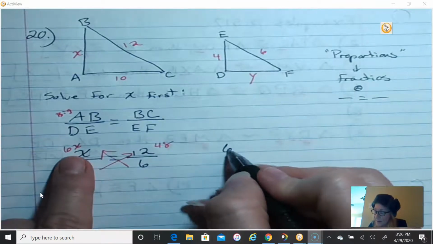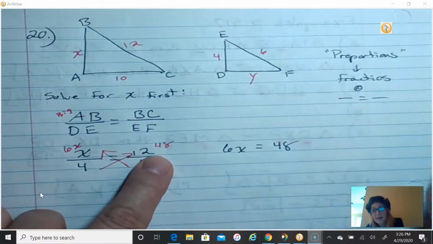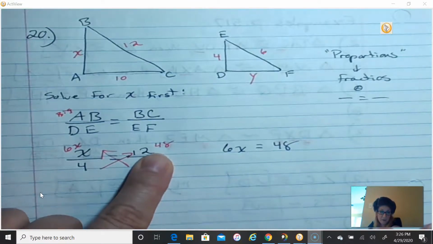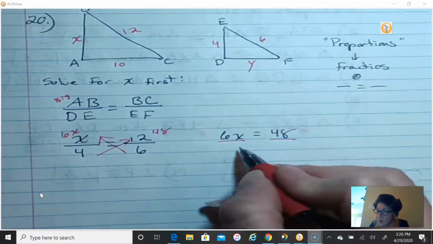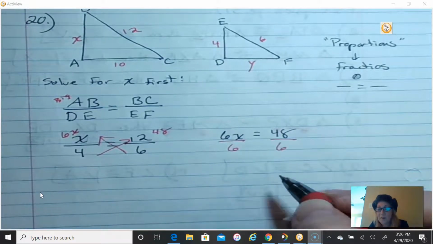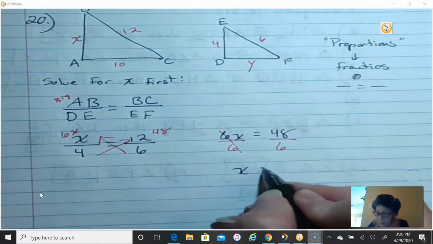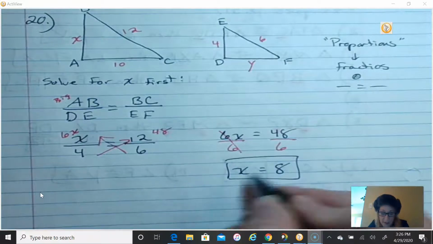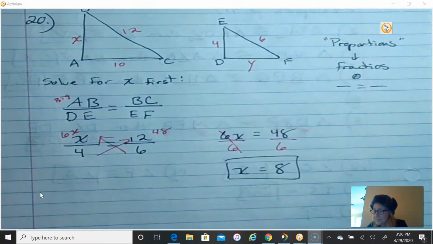So 6X equals 48. All right, we got to isolate that variable. That's doing that intruder alert I taught you. If you're multiplying, the opposite is dividing. So we're dividing both sides by 6. So the 6's cancel out, and I'm left with X equals 8. Okay, so now we know X is 8.